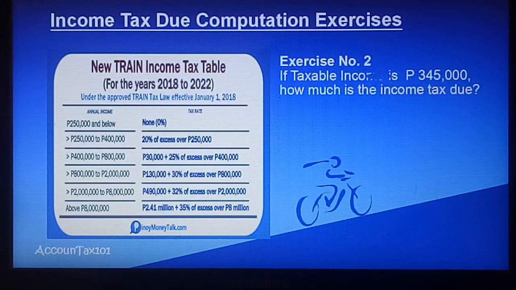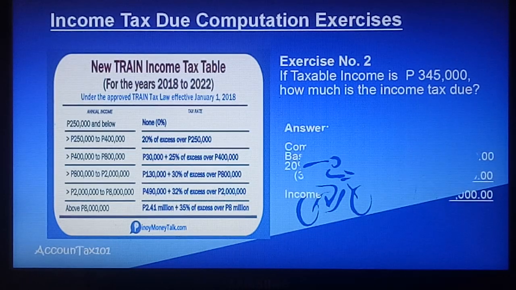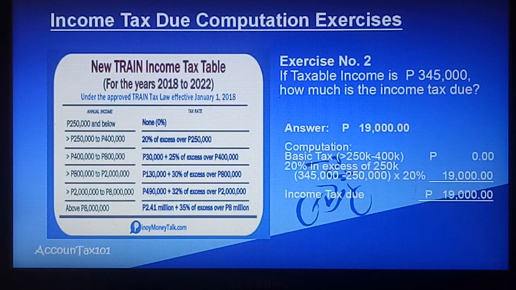Another example. If the taxable income is 345,000, how much is the income tax due? So, answer, 19,000. So, paano natin ito kino-compute? Locate the bracket of 345,000. So, nasaan siya? Nandun siya sa second line. That is more than 250,000 to 400,000.